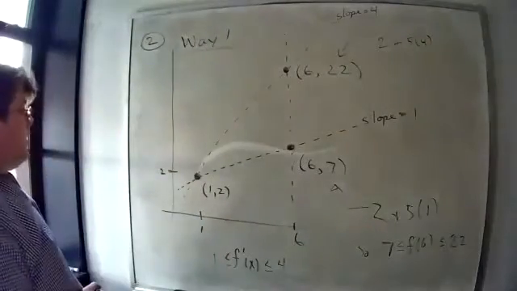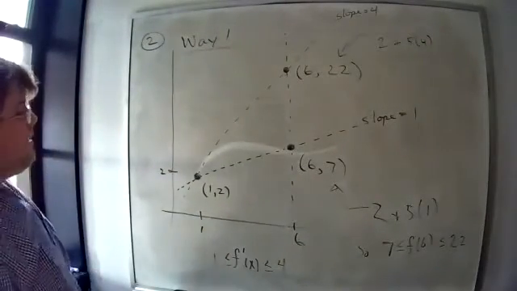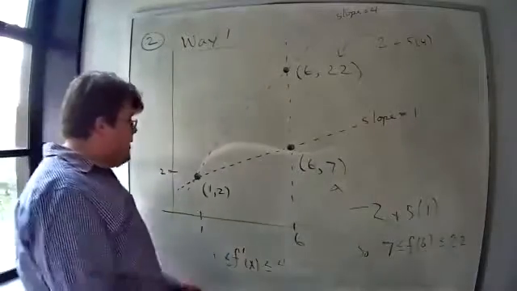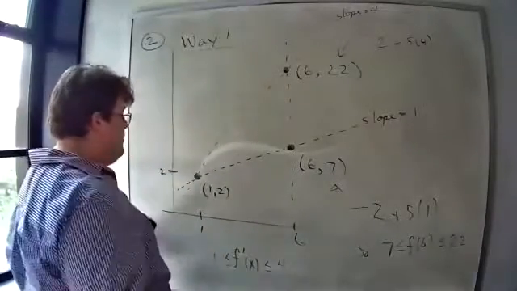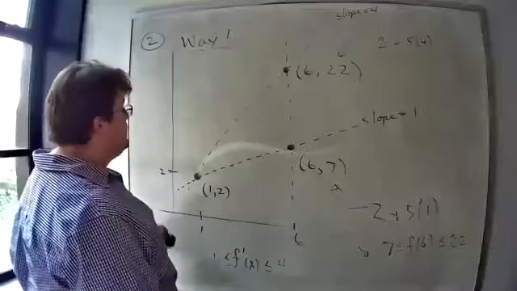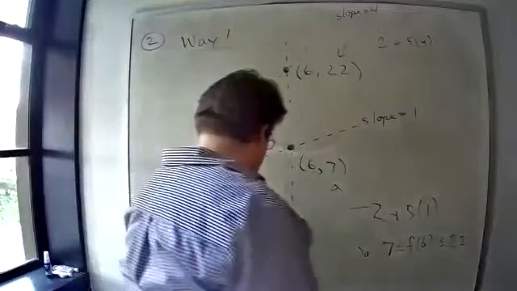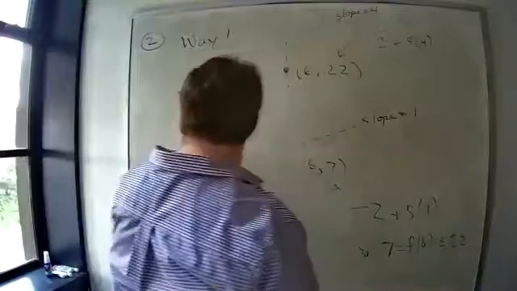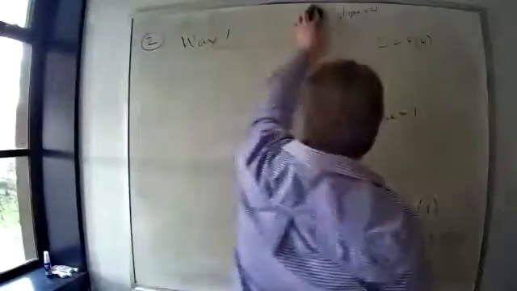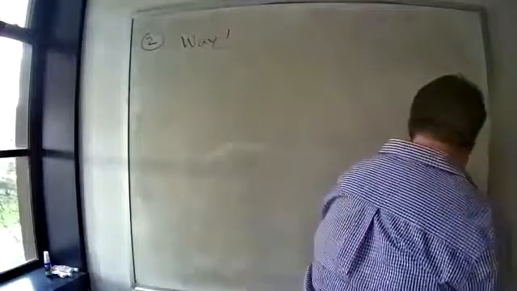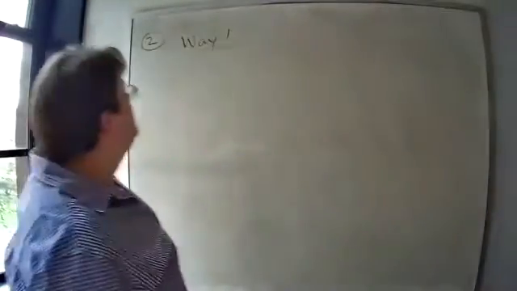So this is way 1. I'll show a second way. The second way I personally think is harder, but it might look easier. It uses the mean value theorem directly. The second way is probably more of an expected way unless you use the hint.